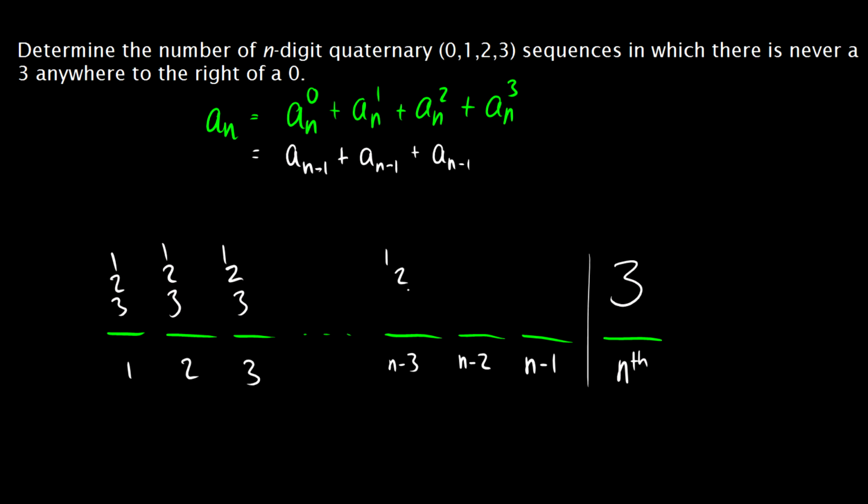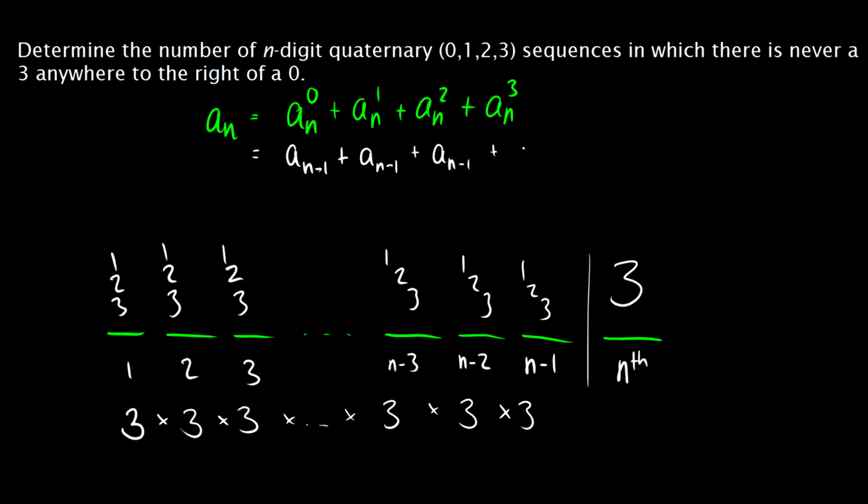And for all of these positions, it can only be either a 1 or 2 or a 3. So that means there's 3 different numbers for position 1, 3 for position 2, 3 for position 3, and so on. So what is that? Well, that is actually plus 3^{n-1}.